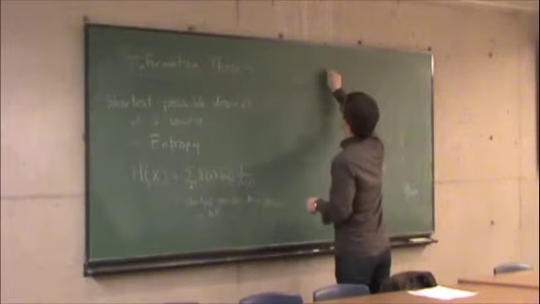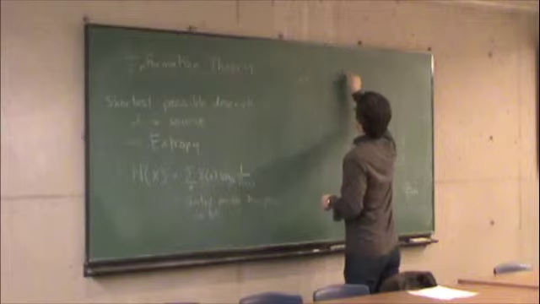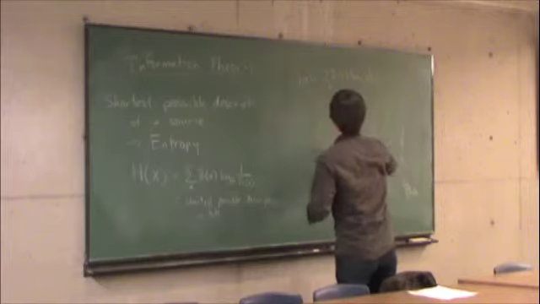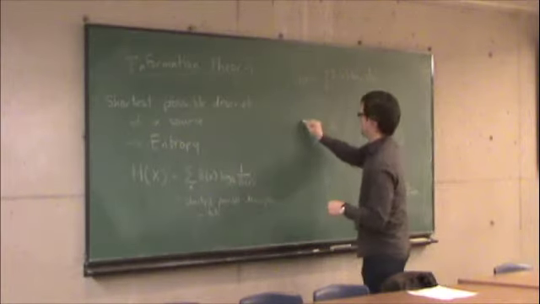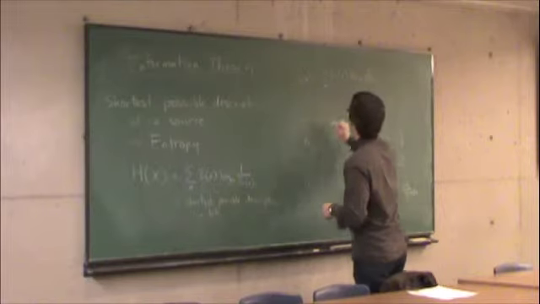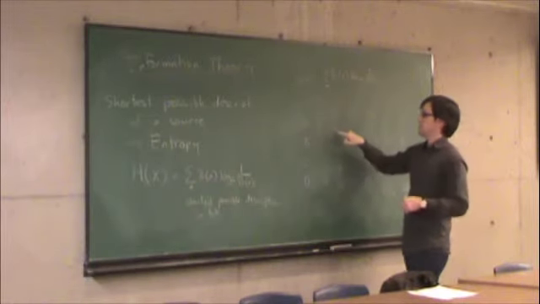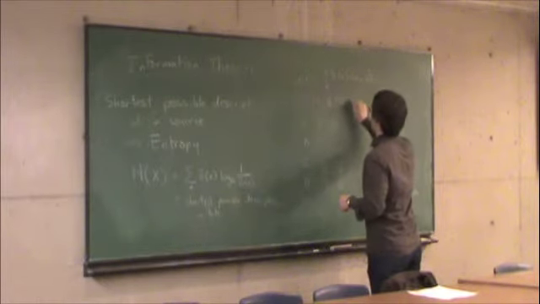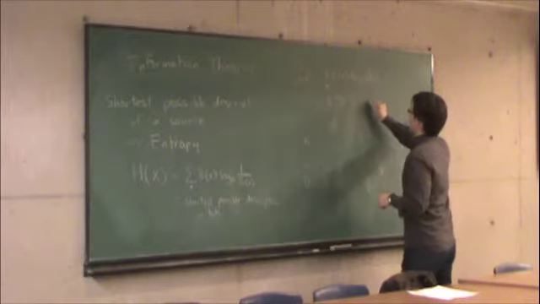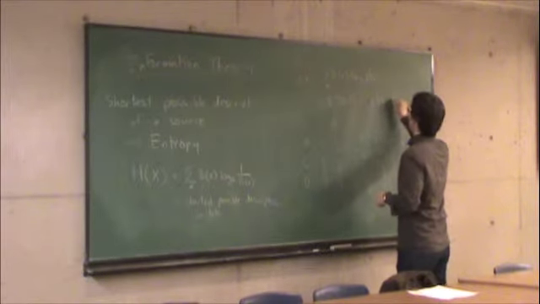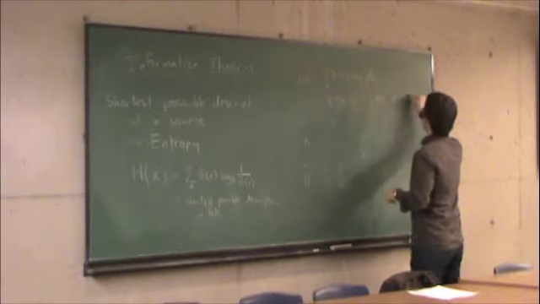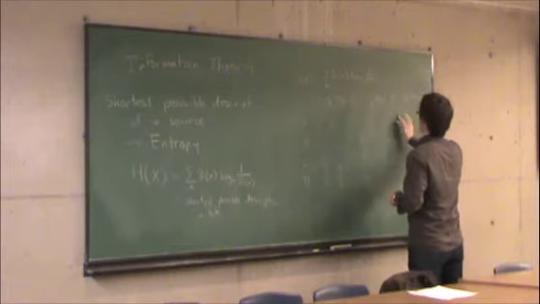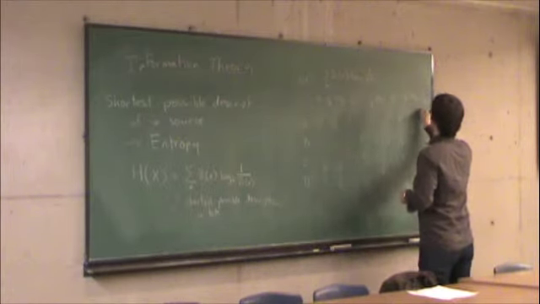So, for this source, what is the entropy? It is the sum over X of probability of X times log 2 of 1 over probability of X, where X is A, B, C, D. Probability of A is 1/2, so that's 1/2 log base 2 of 1 over 1/2, plus 1/4 log base 2 of 1 over 1/4, plus 1/8 log base 2 of 1 over 1/8, plus 1/8 log base 2 of 1 over 1/8.